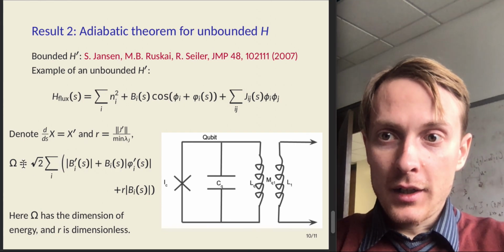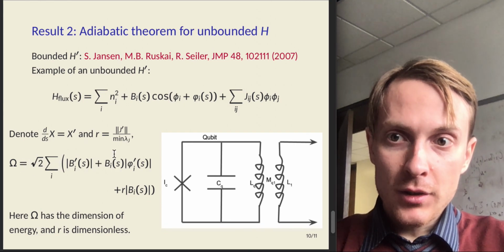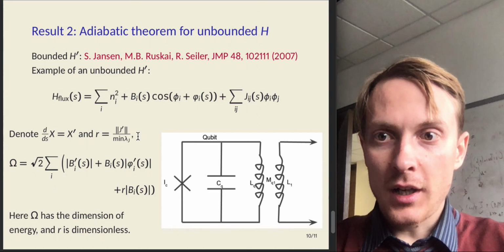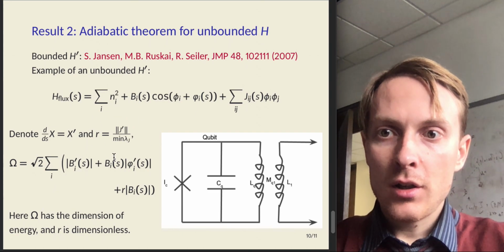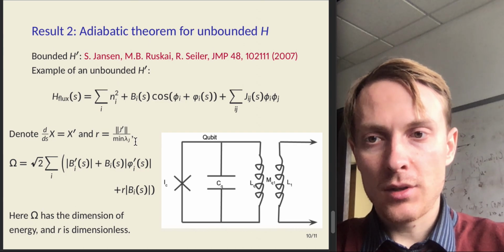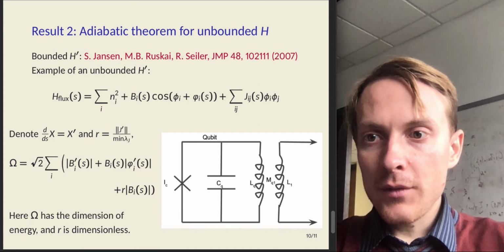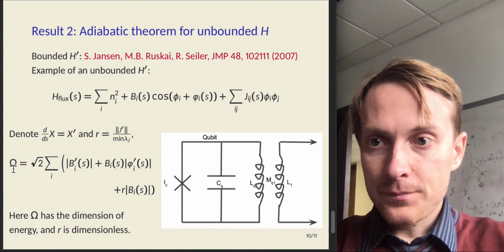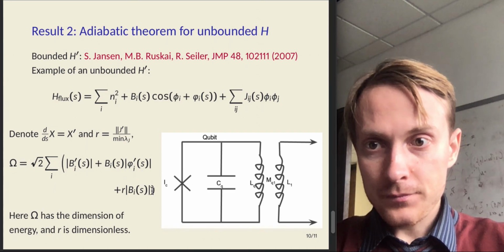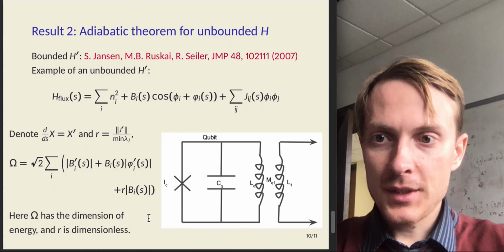Now, instead of the norm of the Hamiltonian's derivative, we use the following quantities. We use the ratio of the derivative of the mutual inductance matrix to the smallest eigenvalue of it. We use the energy scale formed by some of these derivatives.